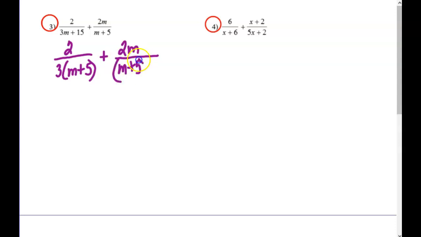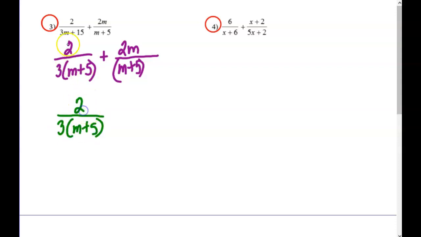So this is what we have so far. So what is the common denominator for both of those? They already both have an m plus 5, so we just need to do what? The common denominator is going to be 3 and m plus 5.